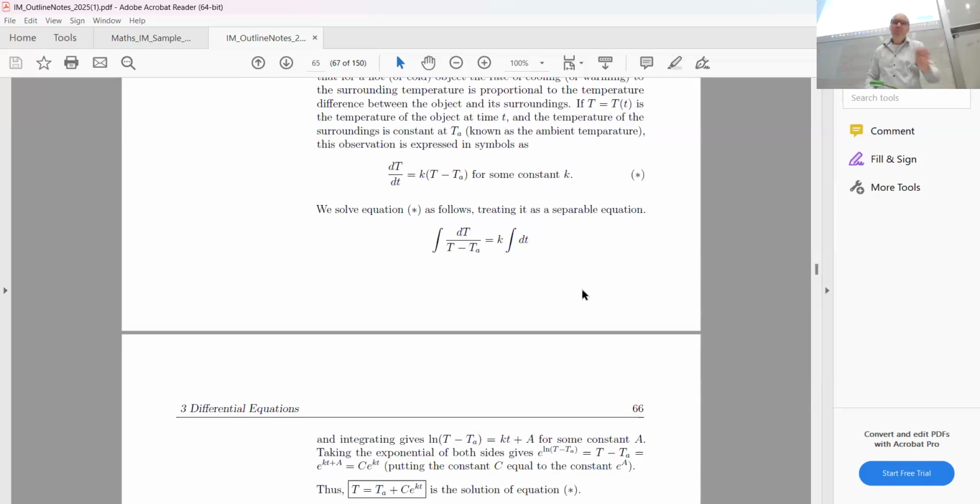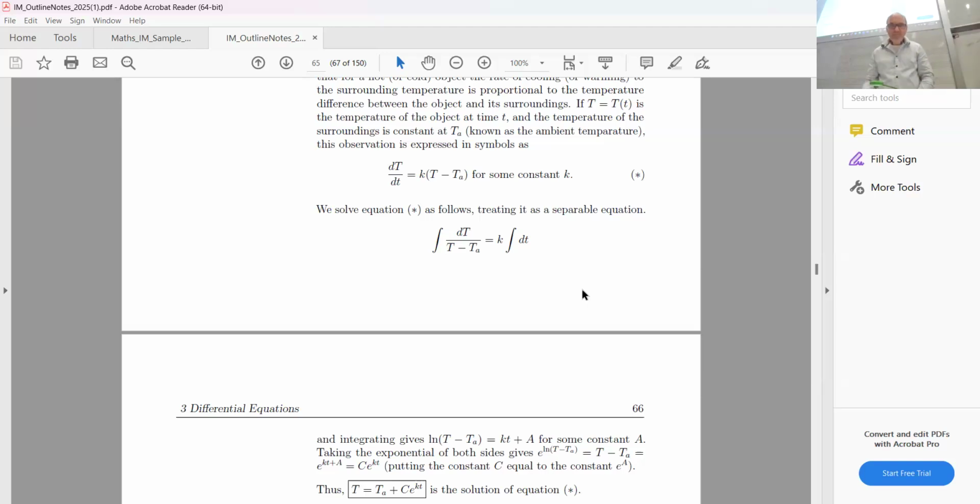Newton's law of cooling. Woohoo. Okay, so where was I making notes? Okay.